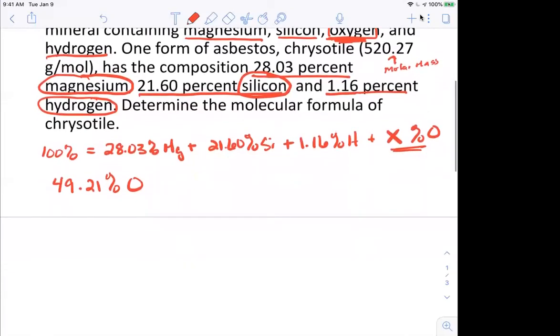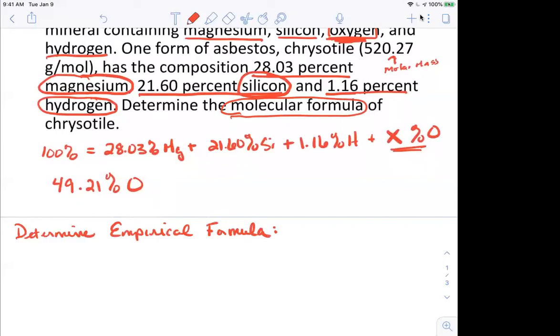So let's go and do what we were doing before. We want the molecular formula, but to get the molecular formula, we first need to determine the empirical formula. So now that I have my full percent compositions, I'm going to use the procedure that we talked about to determine the empirical formula.